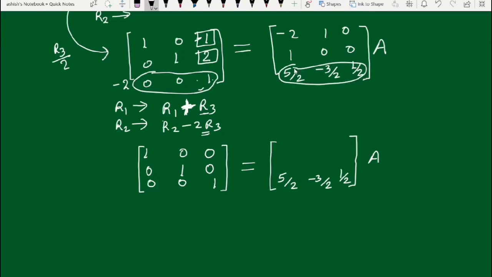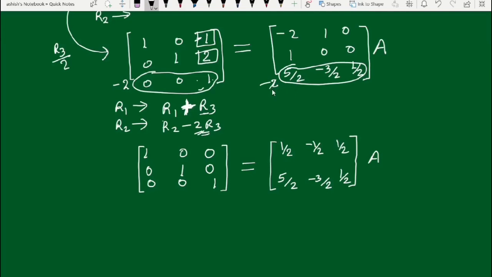Same operation here, add this in 5 by 2 minus 2, that is 1 by 2, minus 3 by 2 plus 1, that is minus 1 by 2, and 1 by 2 in 0, that is 1 by 2.